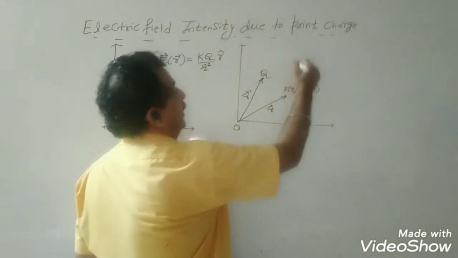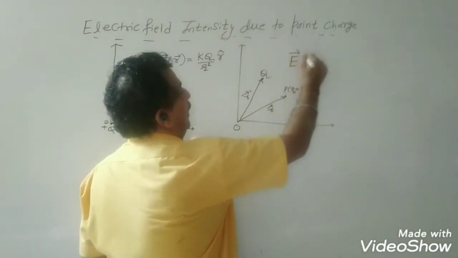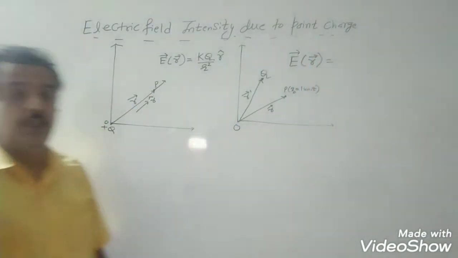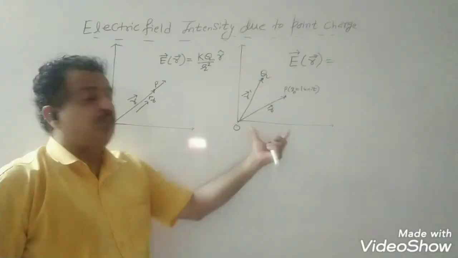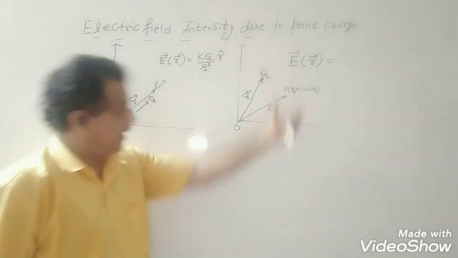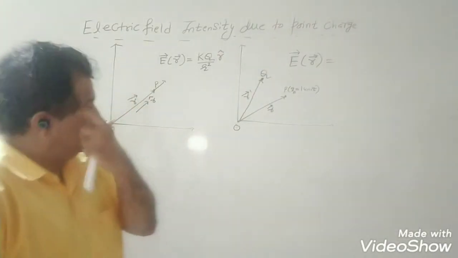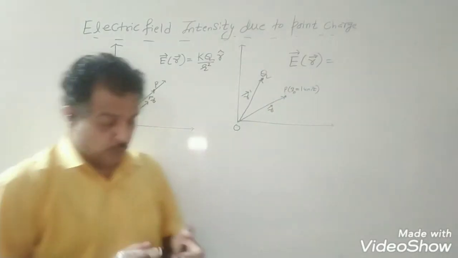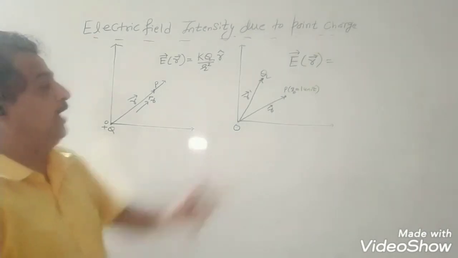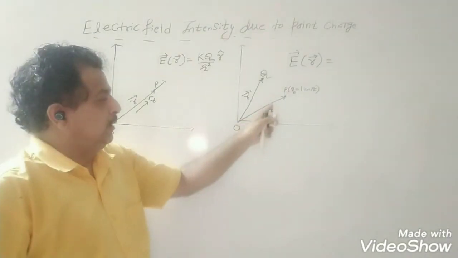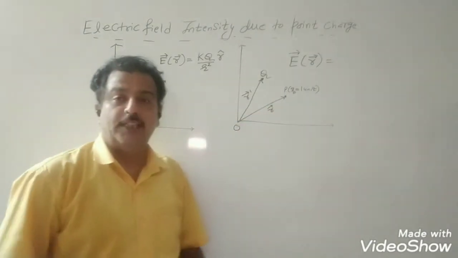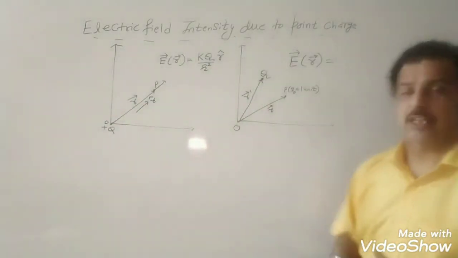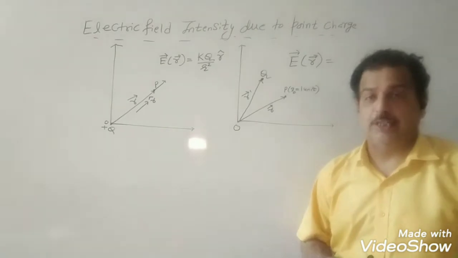So your homework is to write down the electric field intensity at point P when the arrangement of the charges is like this. Remember that to find the electric field intensity at any point, the position vector for that point is generally taken as r vector. This is a convention we will be following.